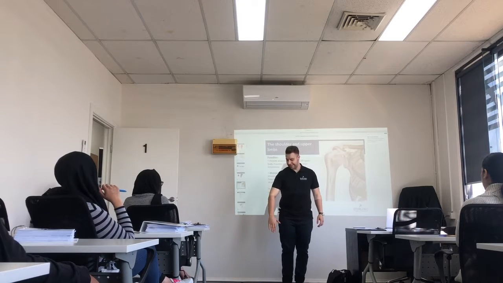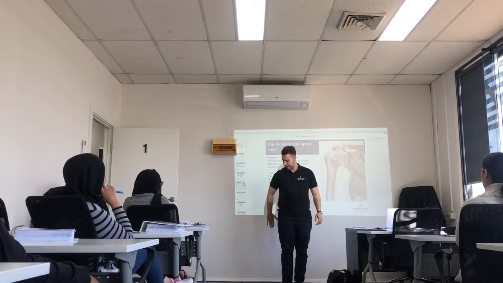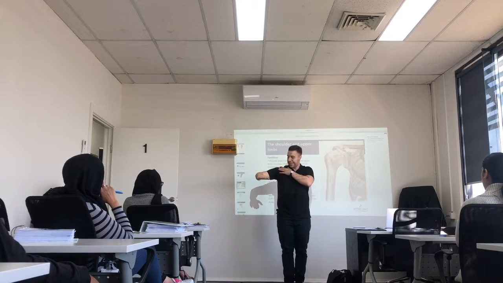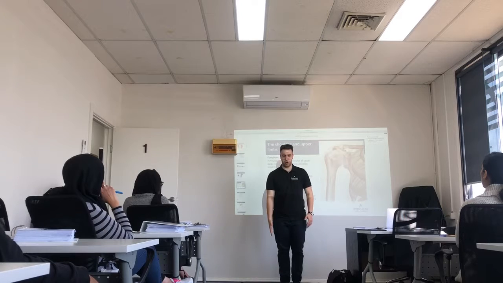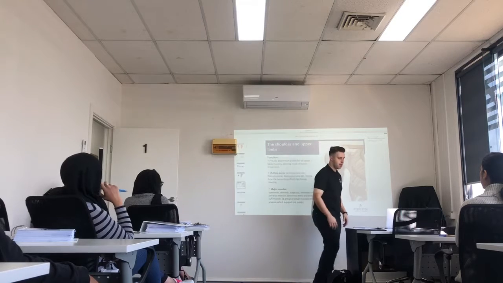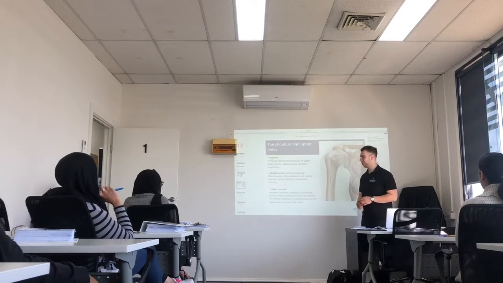We've also got extension, so going back like that. We've got abduction, coming up and around sideways. And then if we start off at 90 degrees, we've got internal rotation of our shoulder and our scapula. We have also external rotation, and then we've got a few more. Horizontal abduction, so going up and then across our body. They're probably the prime movers that you'll look for.